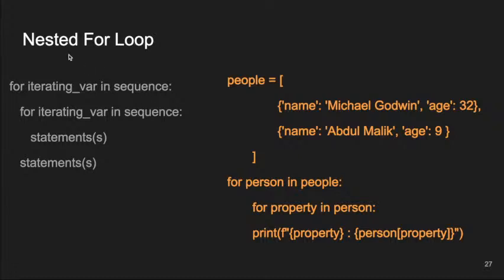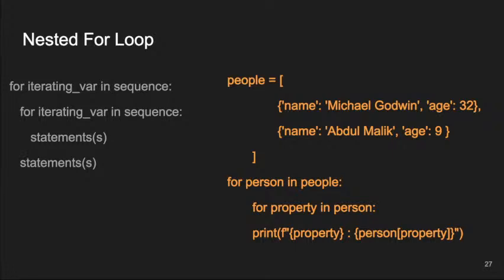Now we have this concept of the nested loop. When we say something is nested, that means it's inside another thing. Similarly with what we saw with the if condition last week, how you can have nested if, with your loops as well you can have nesting.